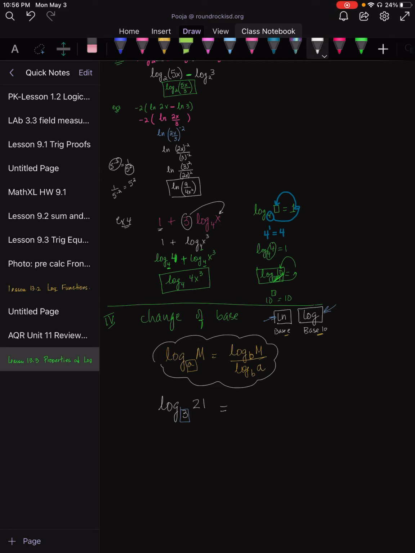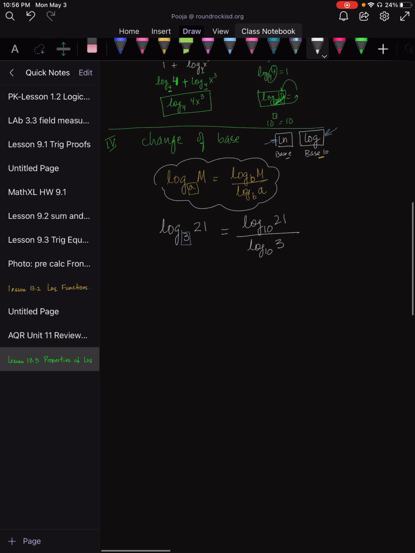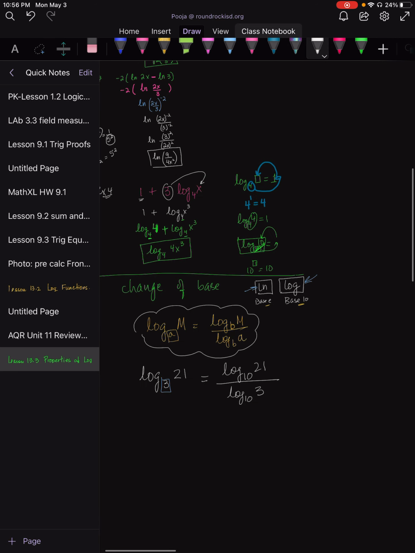Well, you can simply rewrite this as log, you can pick your base, let's pick 10, of 21 over log of the same base 10 of 3. Now both of these are on the calculator. You can simply punch in log 21 divided by log 3 and it'll give you a number answer.